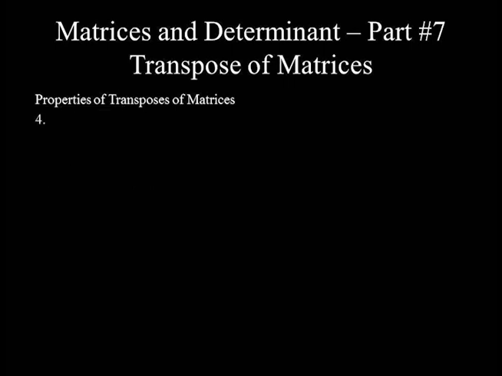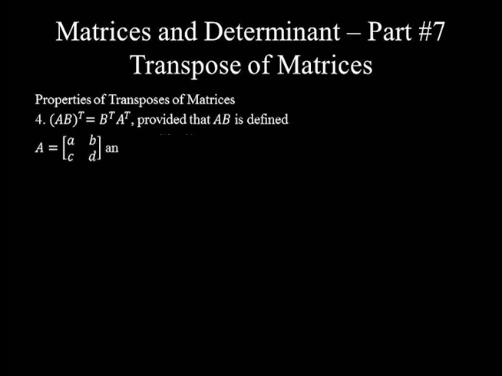Property 4: (A times B) the whole transpose equals B transpose times A transpose, provided that AB is defined. Again, let's verify this by using matrix A equal to [A, B; C, D], and matrix B equal to [W, X; Y, Z]. AB: row 1 of matrix A times column 1 of matrix B equals AW plus BY.